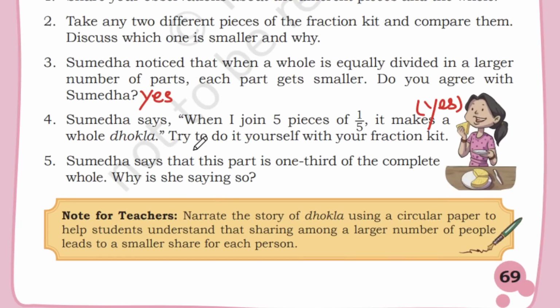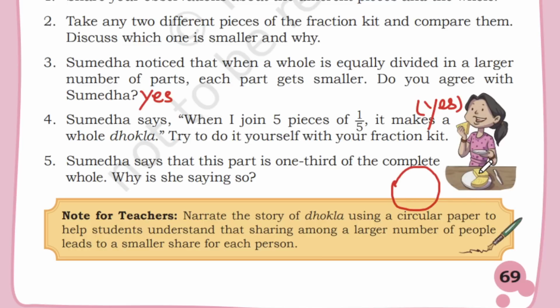Sumedha says that this part is 1/3 of the complete whole. Why is she saying so? So Sumedha is eating a dokla here and she is telling that it is 1/3 of a complete whole. See, she is holding a dokla in her hand and she is eating 1/3 of the piece.